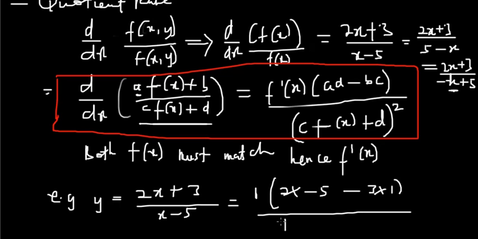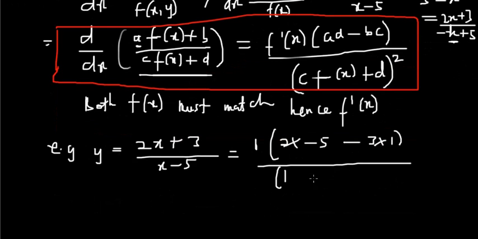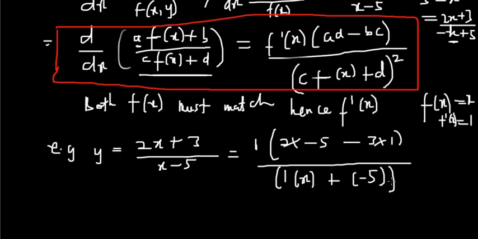So we have 1 also in brackets, and then we have f of x. So f of x is x, okay? So when you differentiate f of x, you end up with 1. Then we have plus D. So D is minus 5, okay? So we have minus 5, and then you square this.